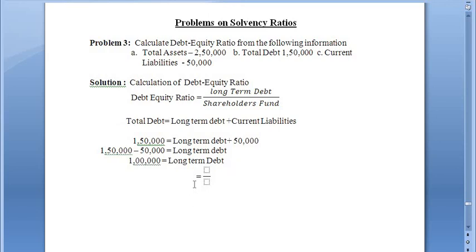Which formula? The debt equity ratio. Sorry, before that we also need to find out the shareholders fund, because we don't know its amount.